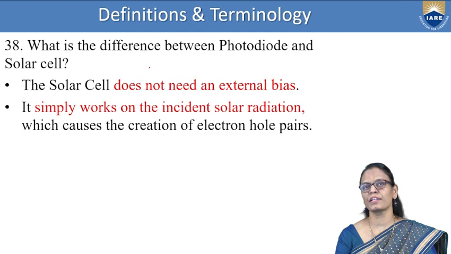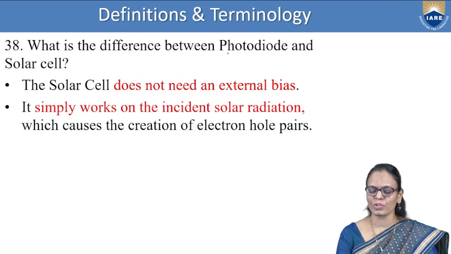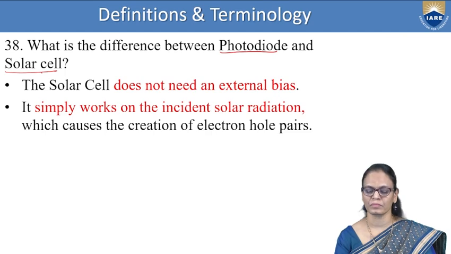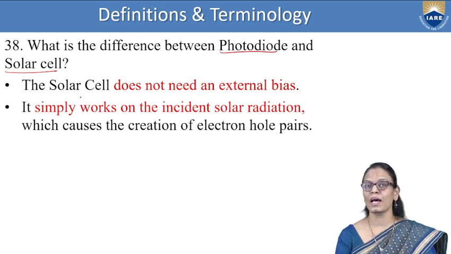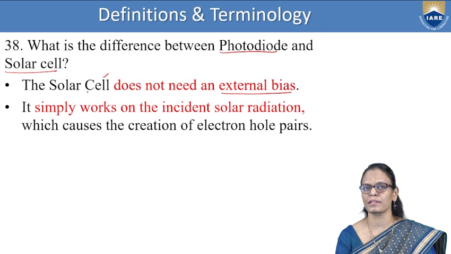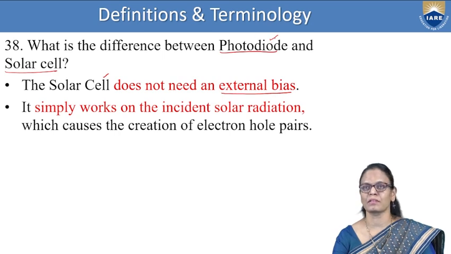Next, what is the difference between a photodiode and a solar cell? The solar cell does not need an external bias. We need not do the biasing for a solar cell. You can use it as it is. It simply works on the incident solar radiation, which causes the creation of electron-hole pairs. In case of a photodiode, we have to do the biasing.